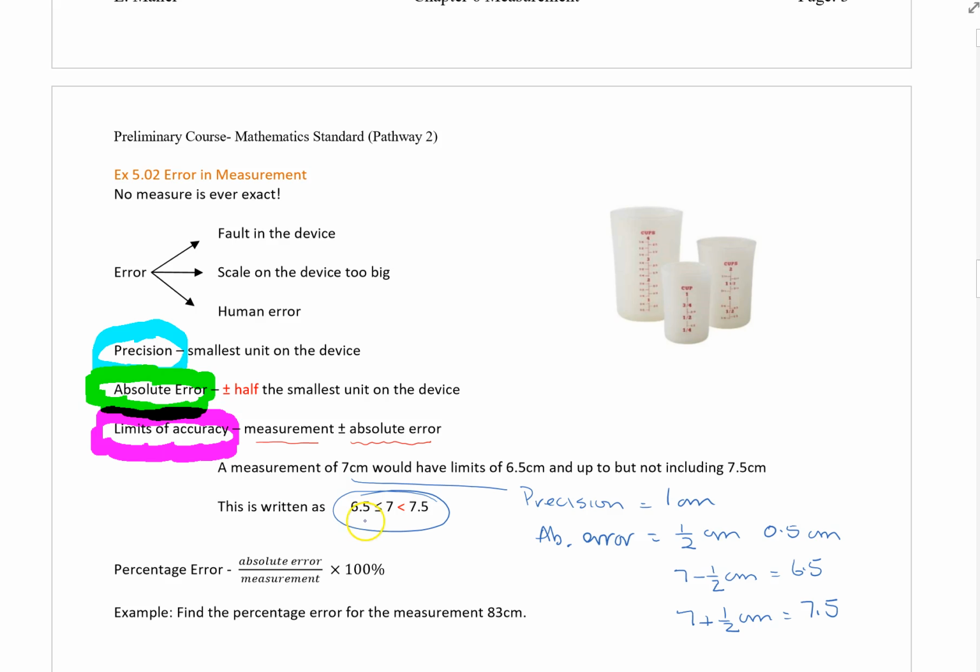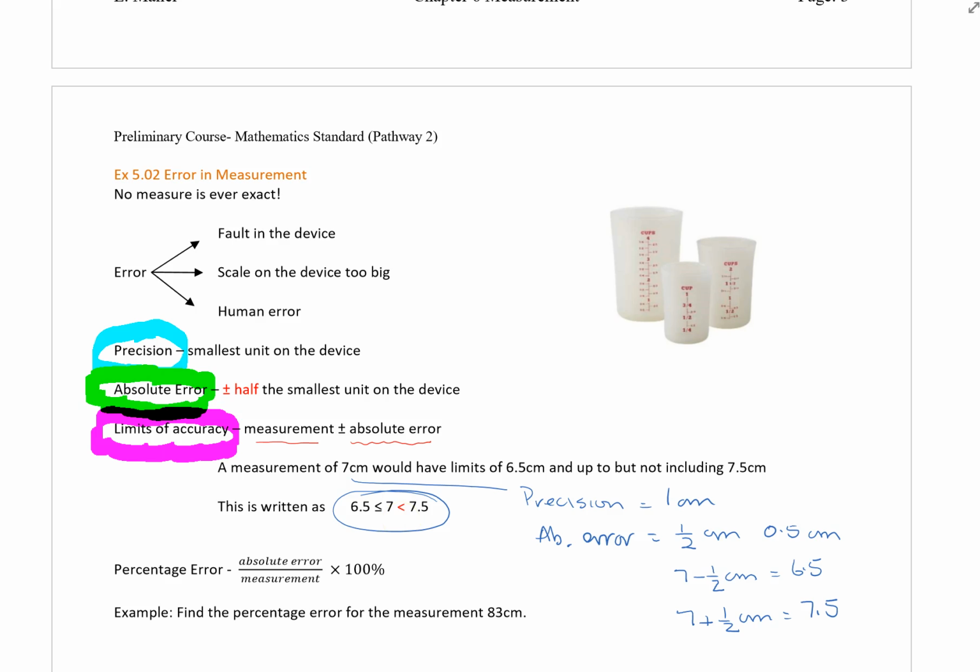We take off the full half a centimetre. We don't say it's equal to 7.5, because if it was equal to 7.5 we would round it up to 8. So it's important to realise that the first inequality will be a less than and an equal, but the second inequality will just be a less than.